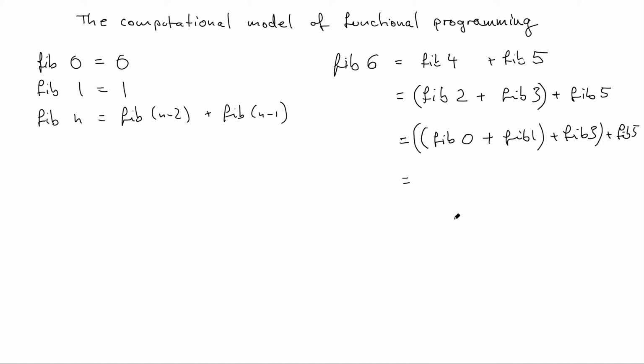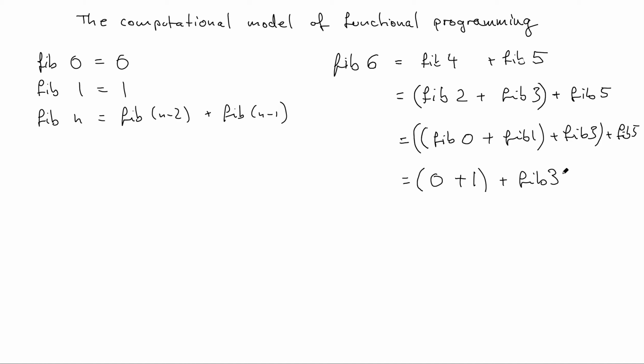And now something new happens. We can stop the recursion now and go to the so-called base cases. So the first two equations tell us that fib of 0 is 0. And let's do two steps in one now. We can also replace fib of 1 by 1.